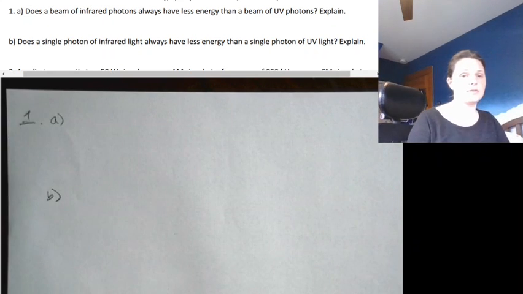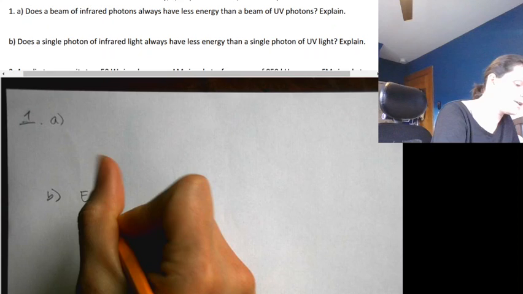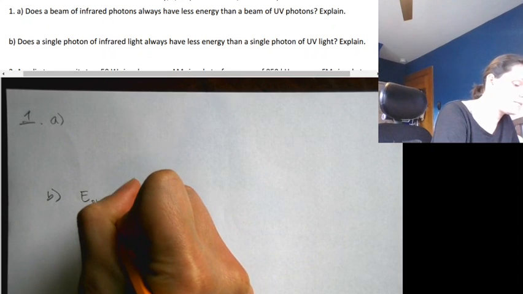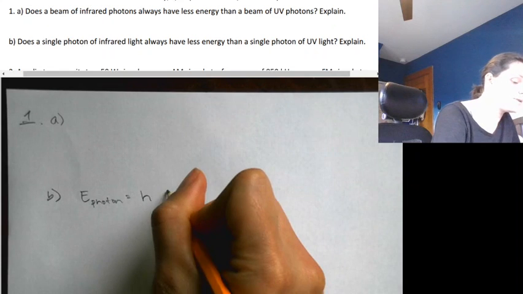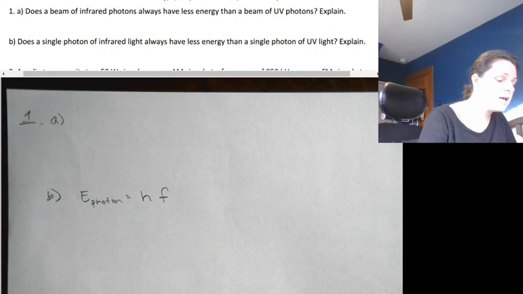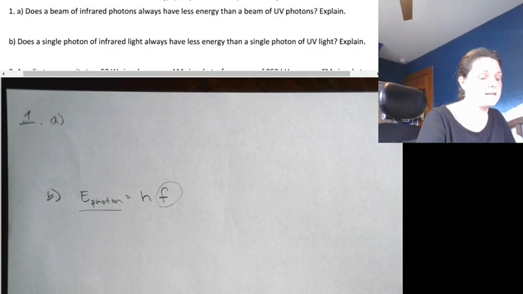We'll do B first. Okay, a single photon of light follows this relationship. E photon, the energy of a single photon, is Planck's constant times the frequency of the light. So a single photon's energy is determined only by the frequency of that light.